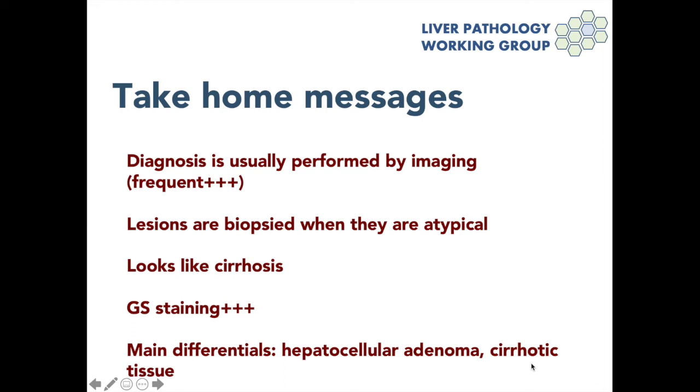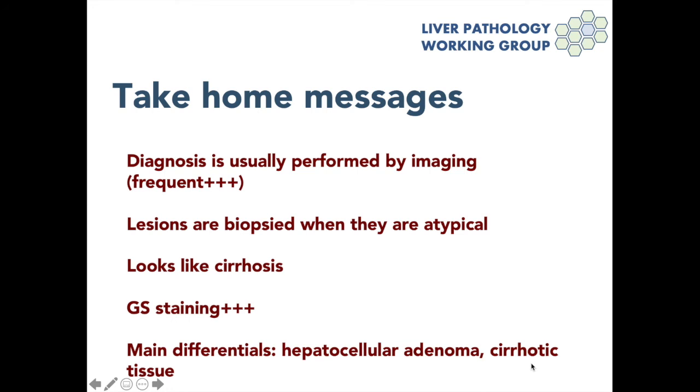The main differentials are hepatocellular adenoma, mainly the inflammatory subtype. The GS staining will allow you to make the difference, and also cirrhotic tissue, because cirrhotic tissue can really resemble focal nodular hyperplasia, so you have to keep that in mind in your differential diagnosis.